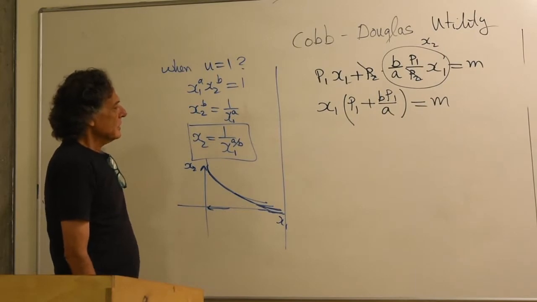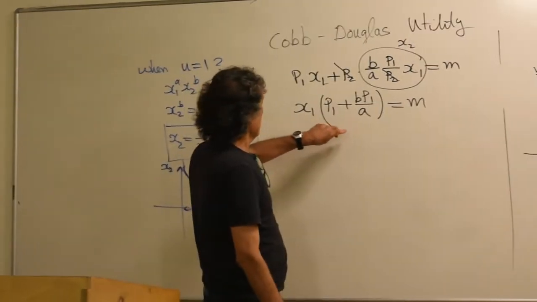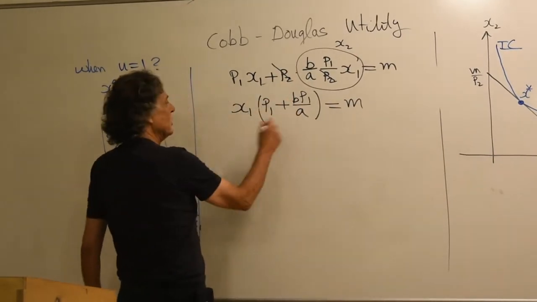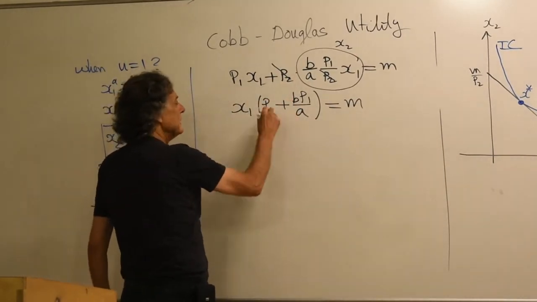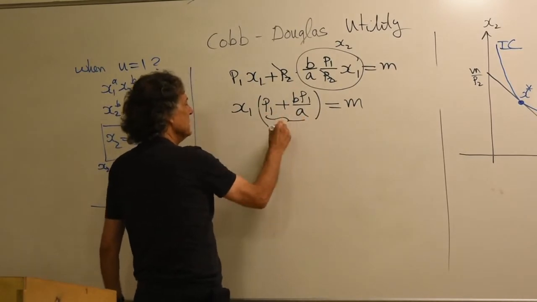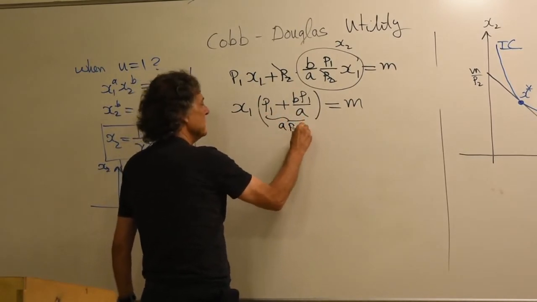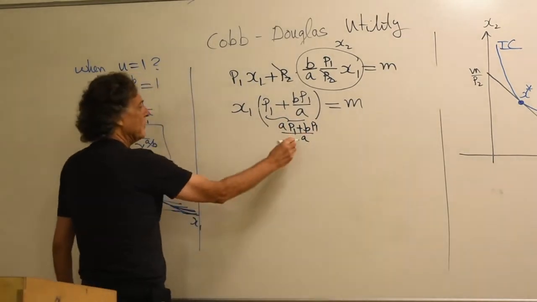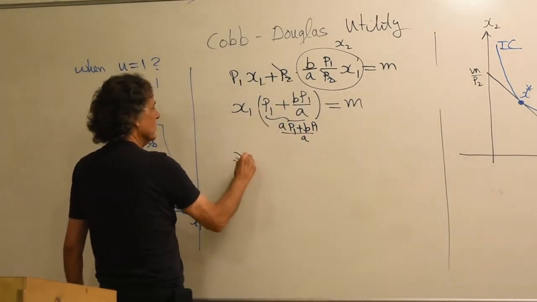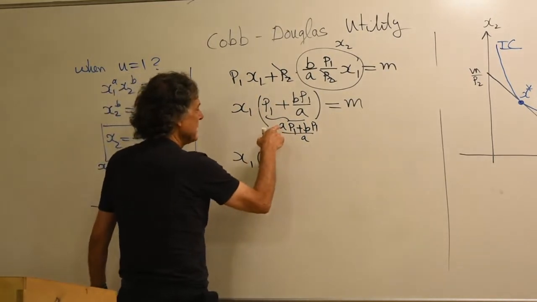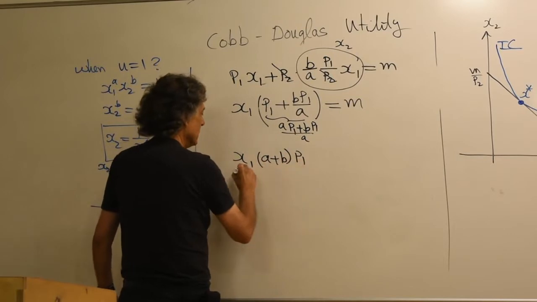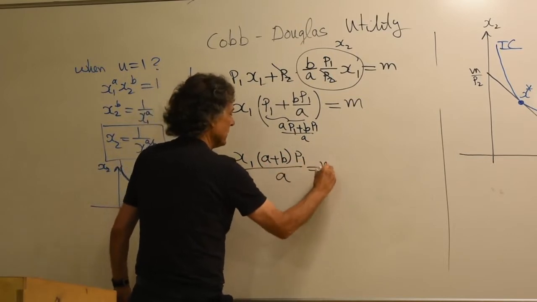So actually I have a P1 plus b P1. Let me write it down. Just this part is a P1 plus b P1 divided by a. So I can write it as x1 times (a plus b) P1 over a equals m.